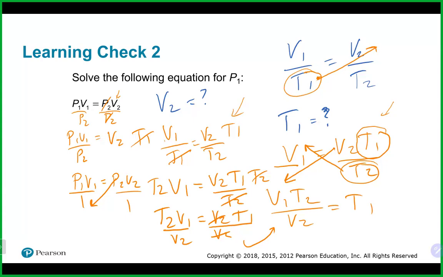So this is why it's really important in your calculations that you keep units, because even if you screwed up the math part of it, hopefully you could recognize by just looking at the units, wait, that's not what I should end up with. If I'm looking for a temperature, I should end up with a temperature unit, like Kelvin or degrees Celsius. But I ended up with milliliters, which is a volume. So that's not going to be a good job rearranging that.